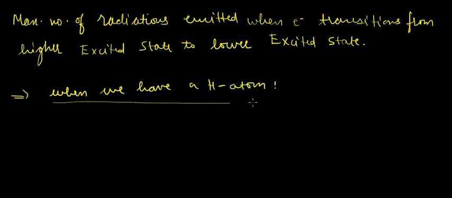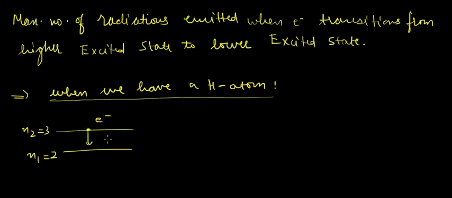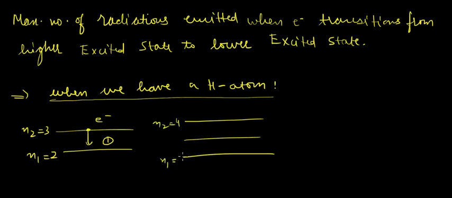Let's say when we have n1 equals 2 and n2 equals 3, the electron goes from 3 to 2. Or we can have a situation like n2 equals 4 and n1 equals 2, so the electron goes first from 4 to 3, then 3 to 2.